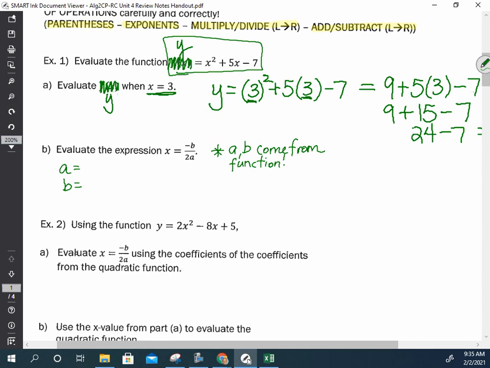You got x squared with something in front of it. If there's no number in front of a variable, what's understood to be there? Let's see. So what's the number in front of x squared?